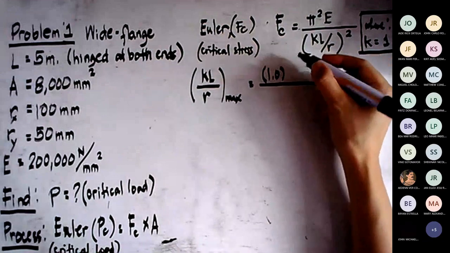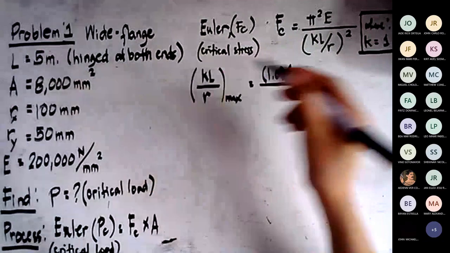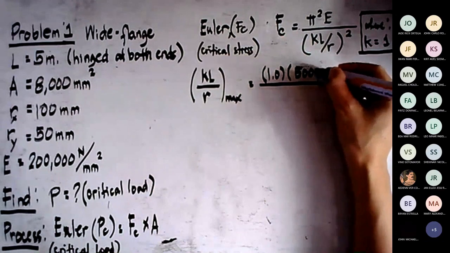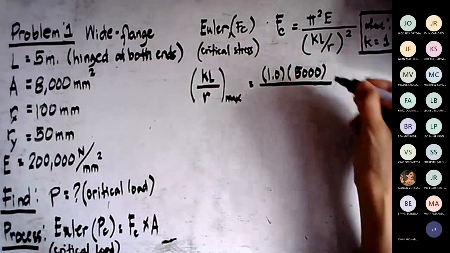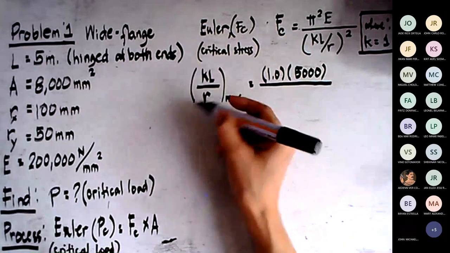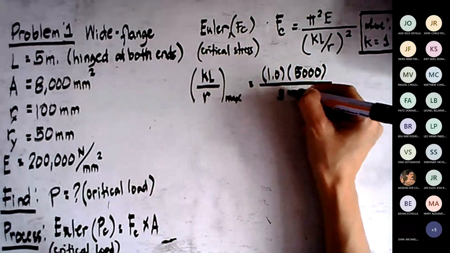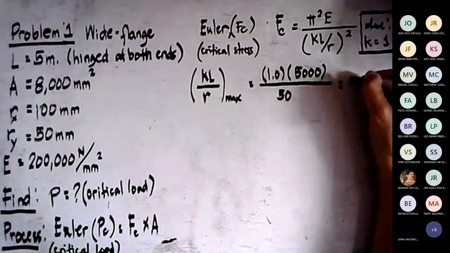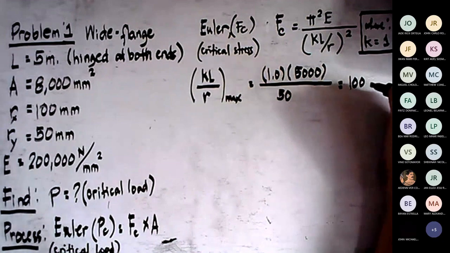And then you have the value for the length. The column is 5 meters long. So converting this to mm, this would become 5,000 mm. All over the least radius of gyration between 100 mm and 50 mm, we choose 50 mm. And this would give us a slenderness KL over R of 100.